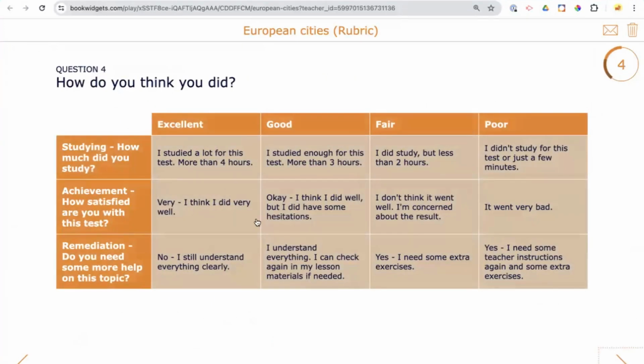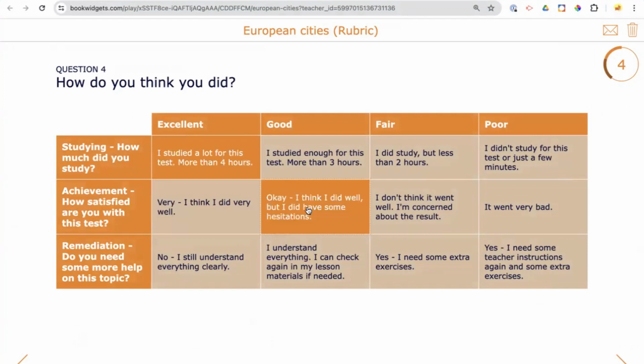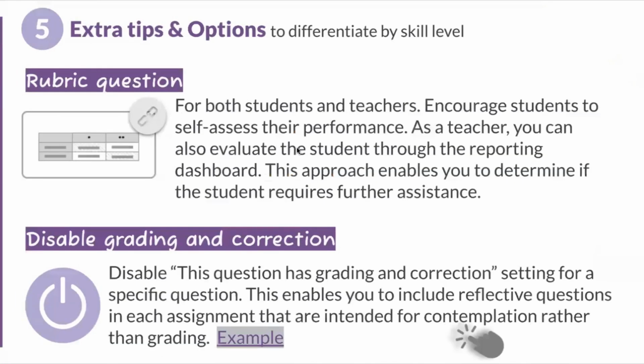And then when you go and review this, you're able to either confirm or refute what the student has selected. So you can say to them, yeah, I do think you studied a lot, I can confirm you did very well, or you need some more help.